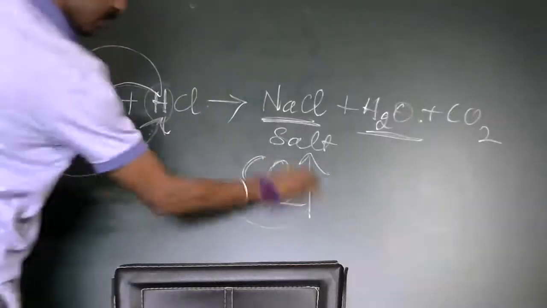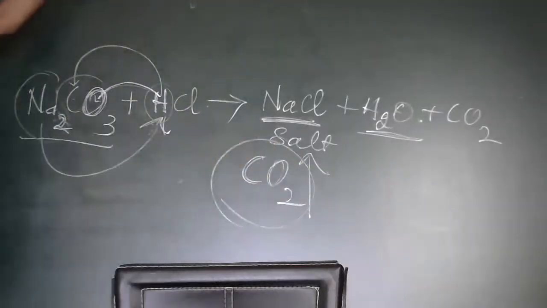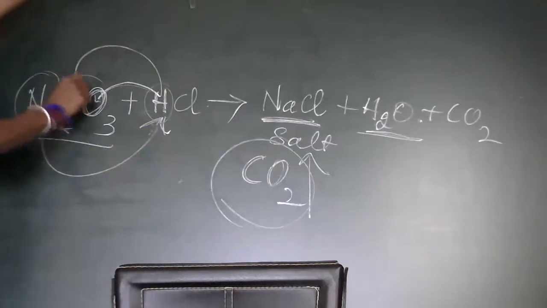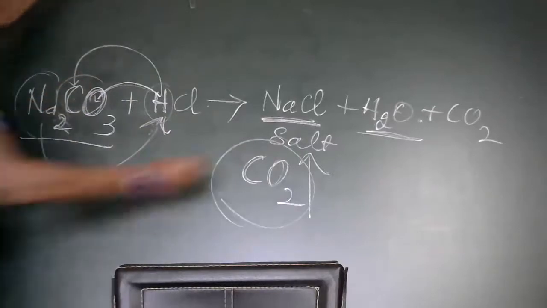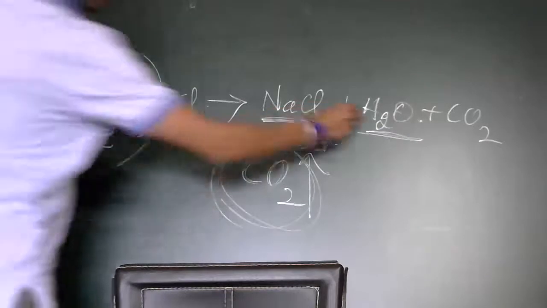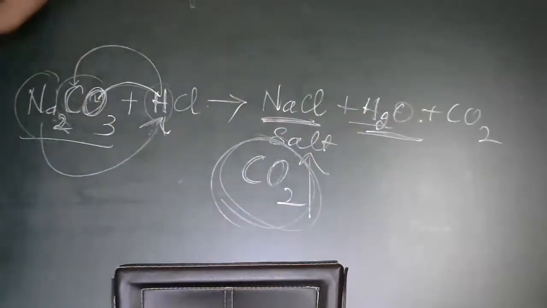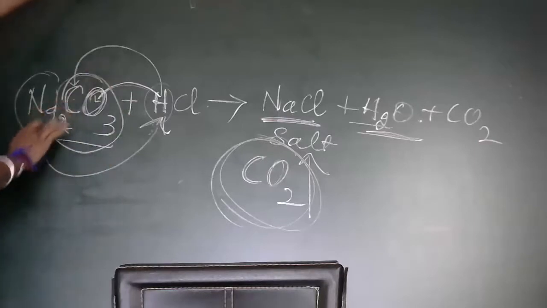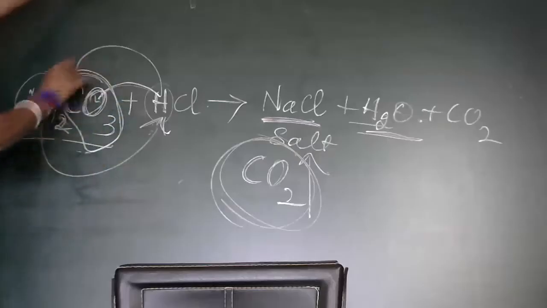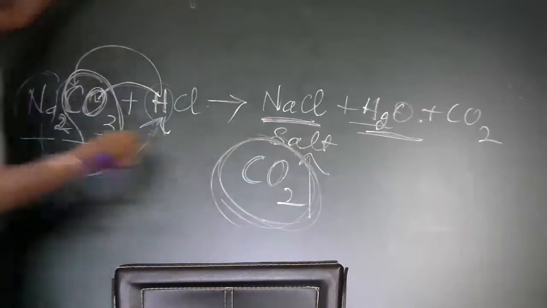Very important: when carbonates or bicarbonates react, usually carbon dioxide and water are formed, and one salt is formed. Remember, when carbonate reacts with the acid, usually carbon dioxide is formed.